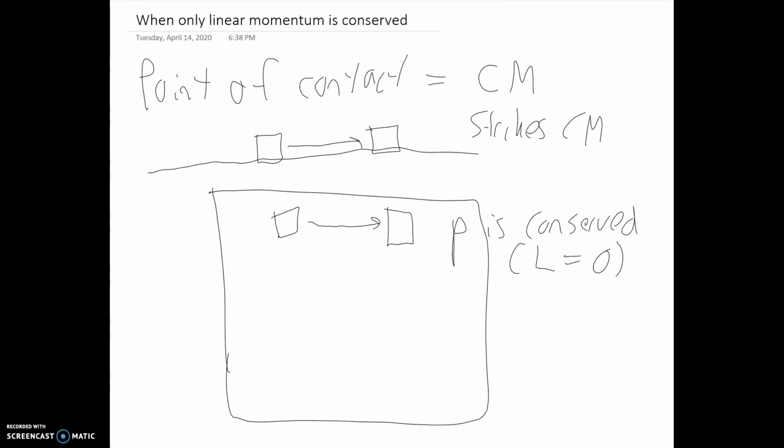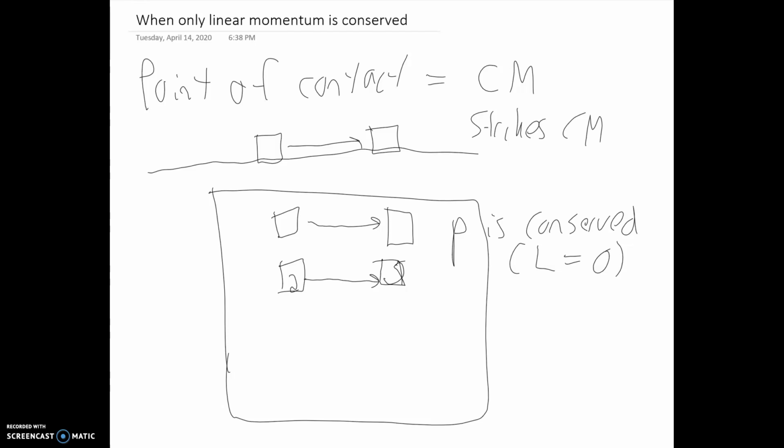Now, let's say this guy's a little bit off center, so it goes over here and bangs into the block a little bit like this. Well, you can tell what'll happen, right? This guy will start to spin around, and this guy will start to spin around a little bit too after they collide.